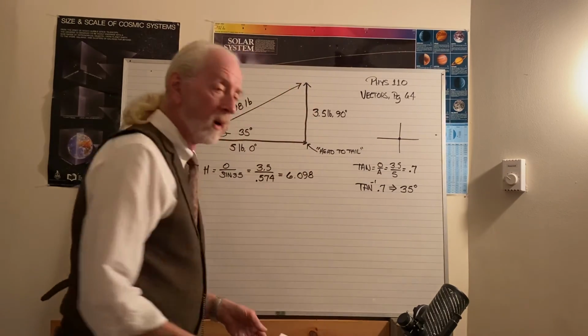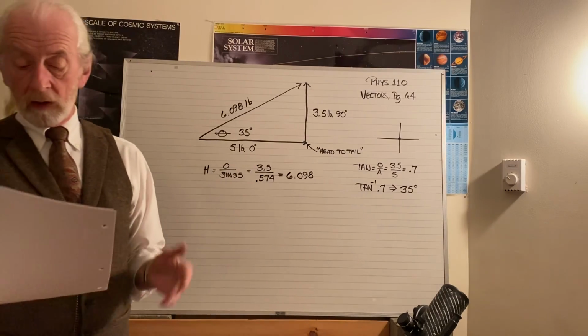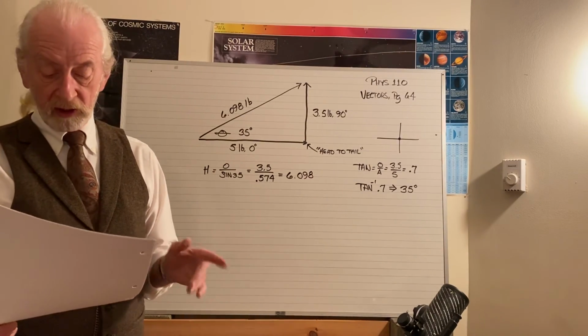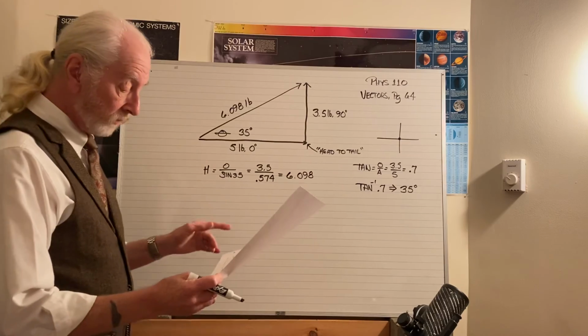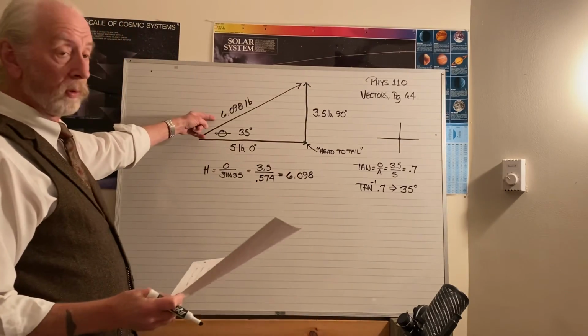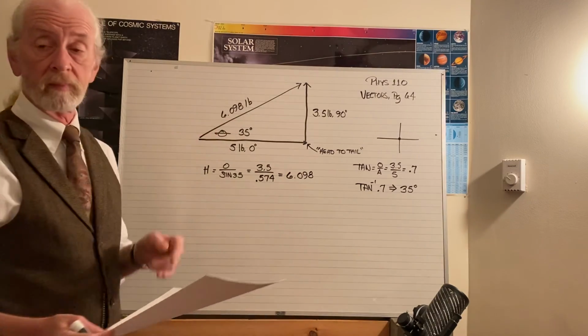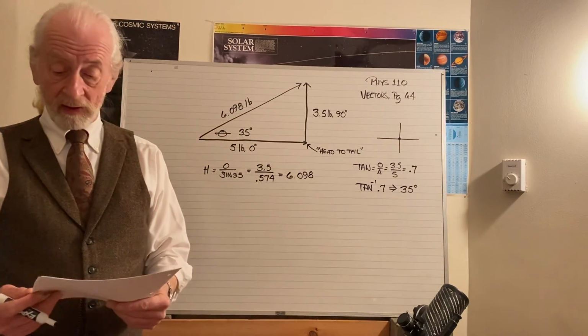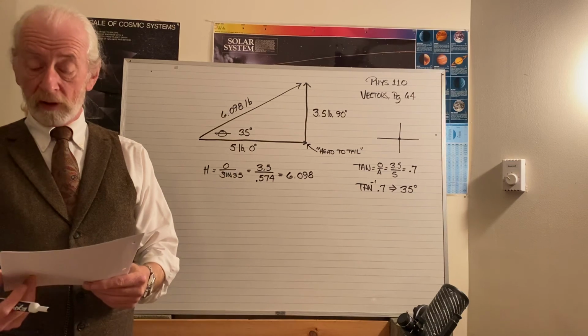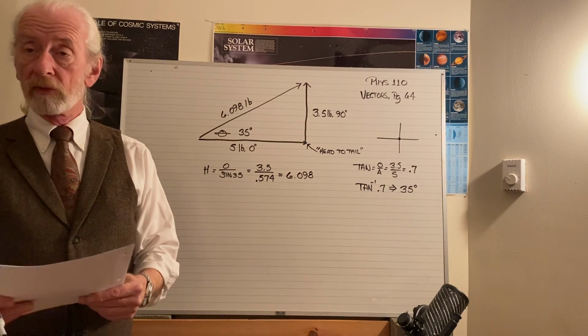Thus, the sum, or the resultant, of the forces of the two bungee cords is 6.098 pounds at 35 degrees. All right, we'll pause here, and then we'll go on to a few more examples.